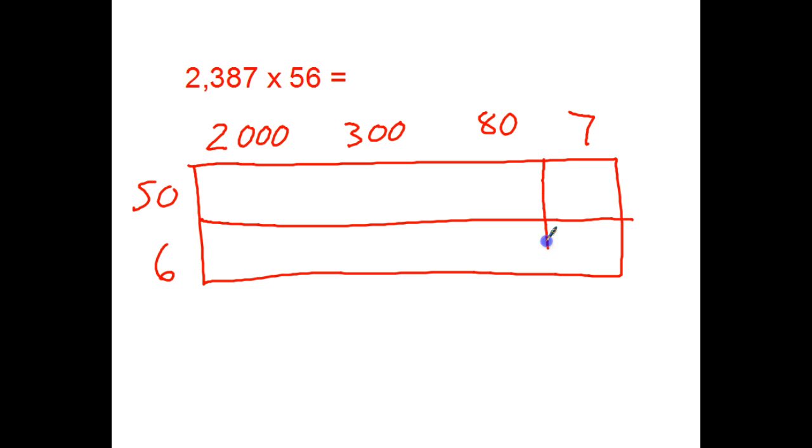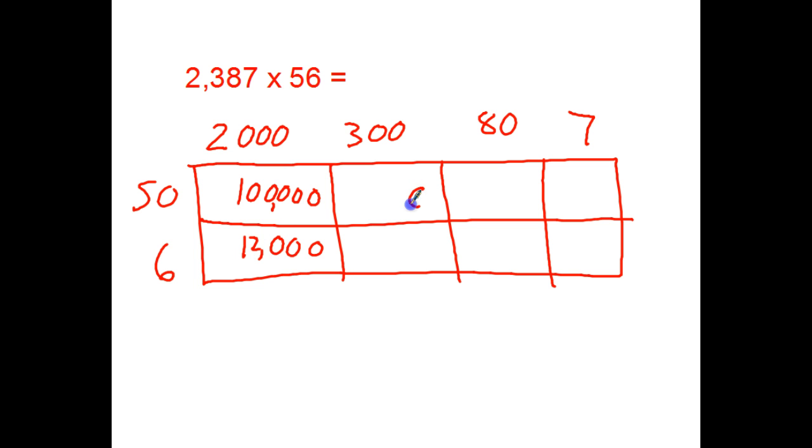So you can see we're going to end up with 8 numbers to add together this time. So here we go. First one, 2,000 times 50. I've got 1, 2, 3, 4 zeros in all. Plus 2 times 5 is 10. So that's 100,000. 6 times 2,000, 3 zeros, and 6 times 2 is 12.